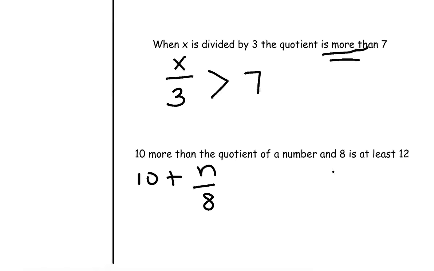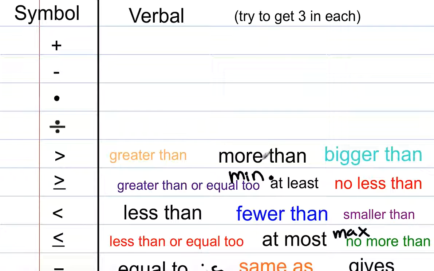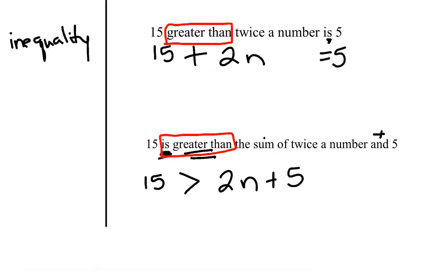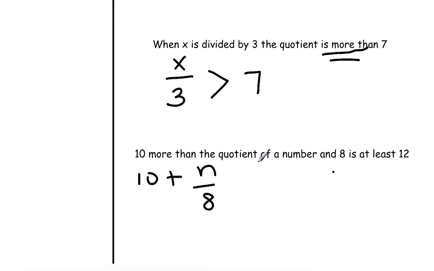So if you're not sure what at least is, it's the greater than or equal to sign, is at least 12. It can equal 12, but it can't get any smaller than it.